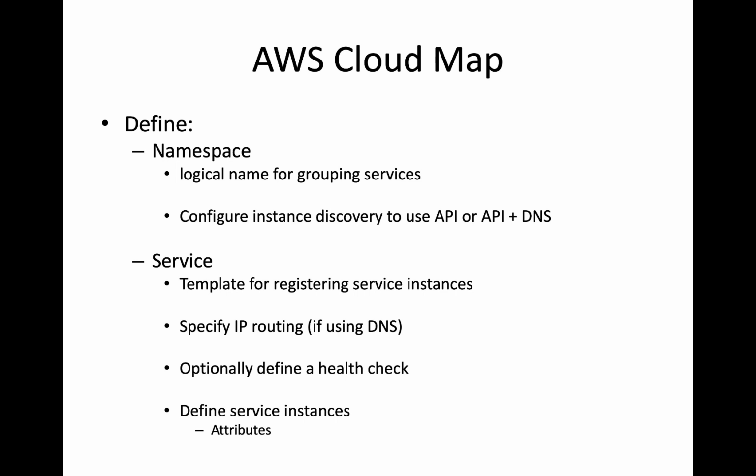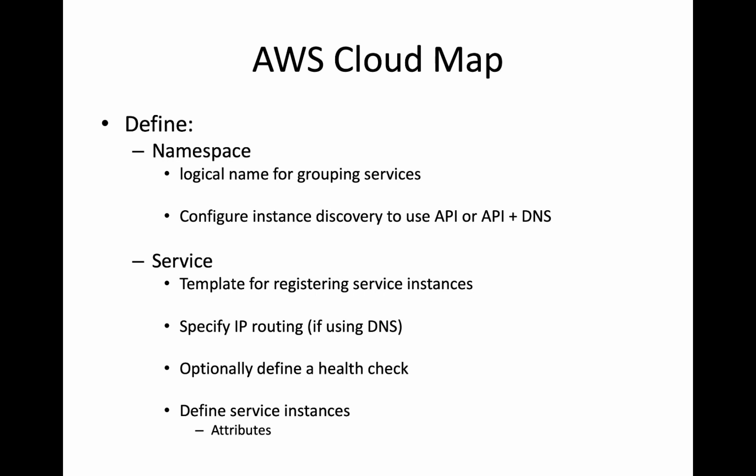You can think of attributes as the values which are returned when services query Cloud Map. So you have one service that is querying Cloud Map looking for another service, and Cloud Map could return something like an endpoint address, a web address. And that endpoint address is an attribute.